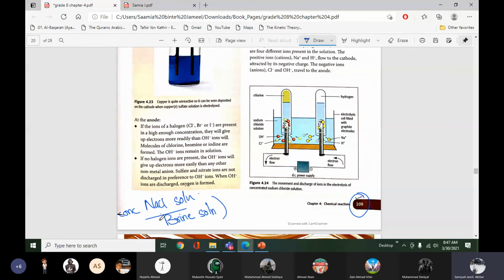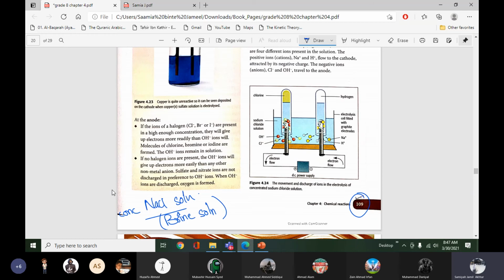In a question, it can also come by the name of brine solution: in the electrolysis of brine solution, what will be the product at the anode and cathode? Don't get confused. Brine solution is concentrated sodium chloride solution, so think about concentrated sodium chloride solution, and then identify the product at the anode and at the cathode.